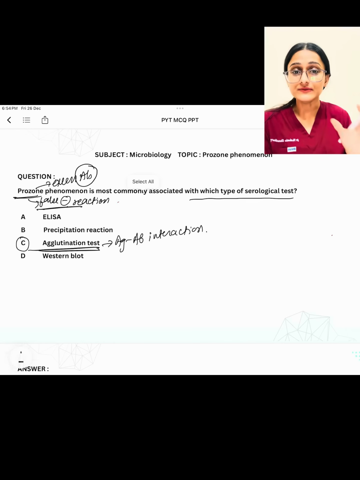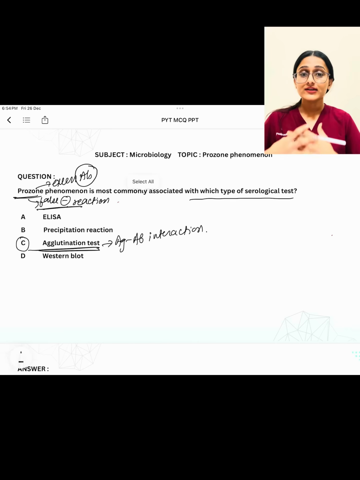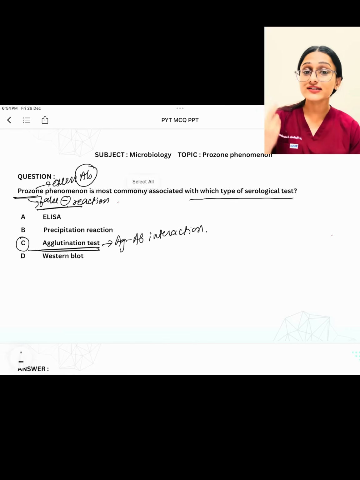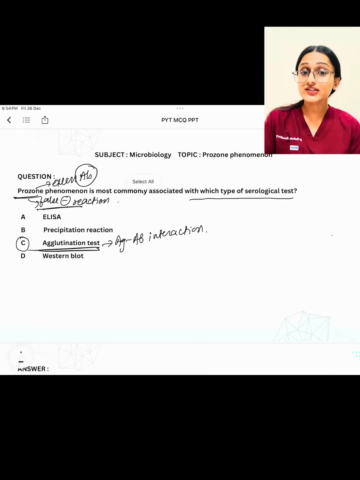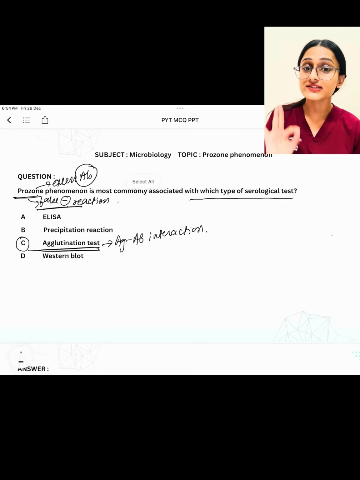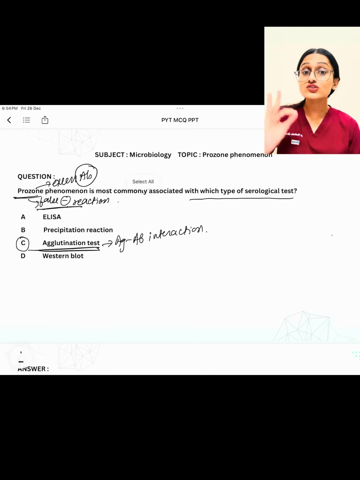When there is optimum antigen and antibody interaction, there is lattice formation, and that is basically a proper agglutination reaction. But in the prozone phenomenon there is excess antibody, and that's why there is no proper lattice formation. That's why the agglutination test appears to be false negative. That is the prozone phenomenon.